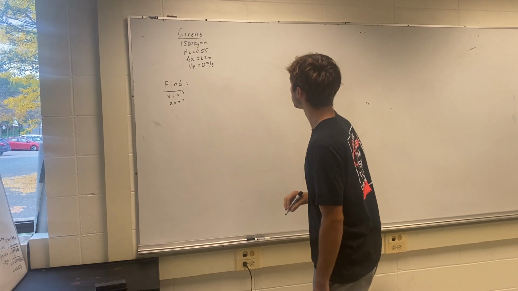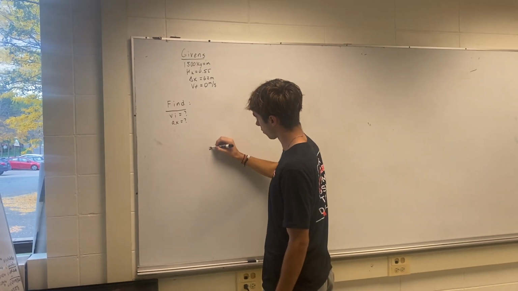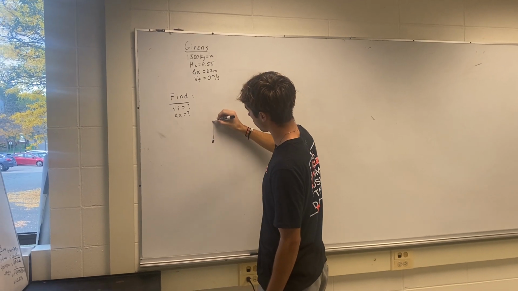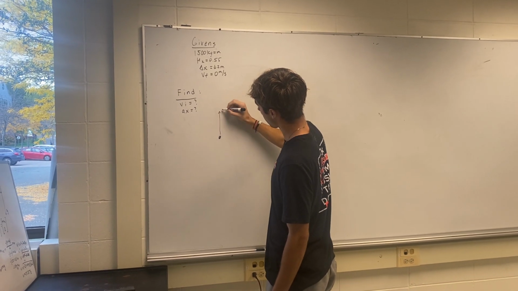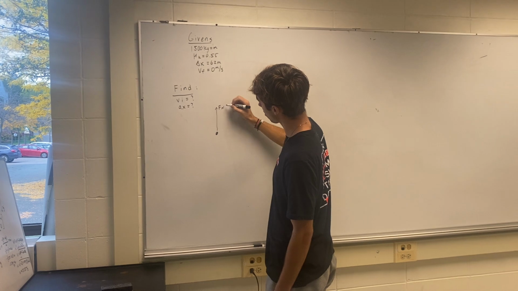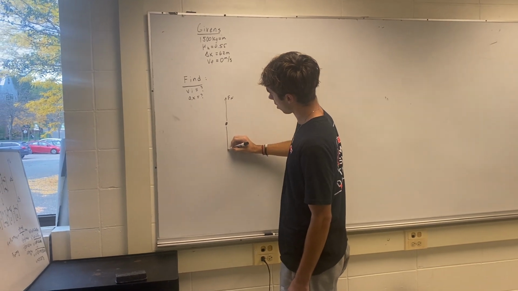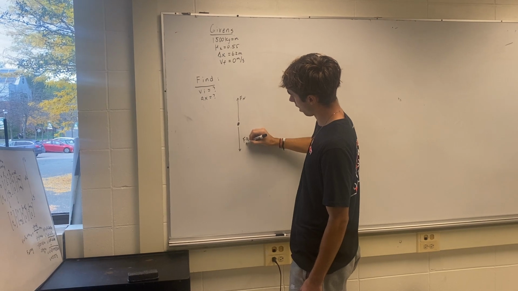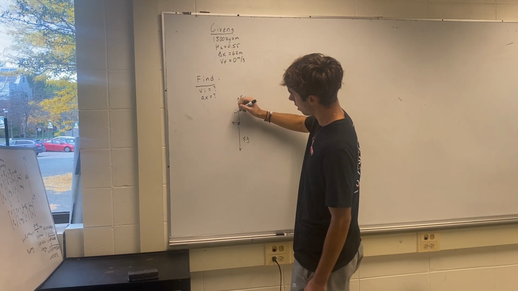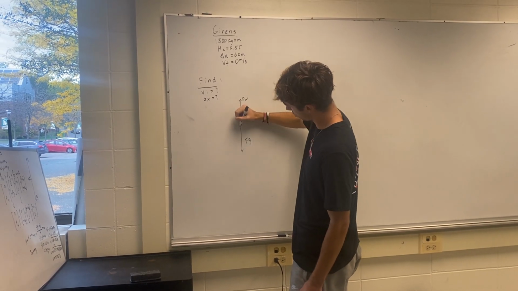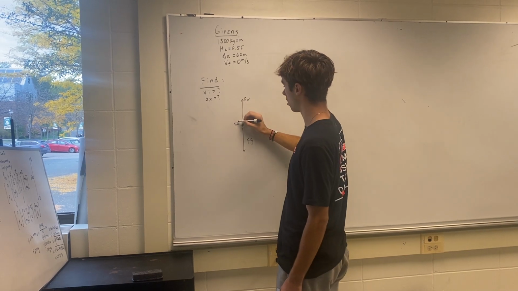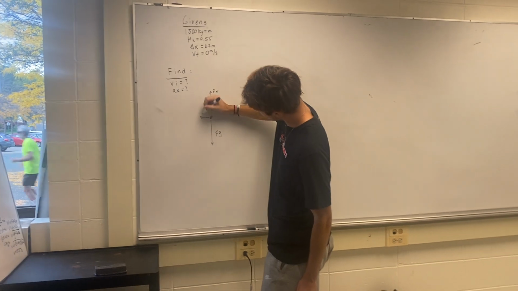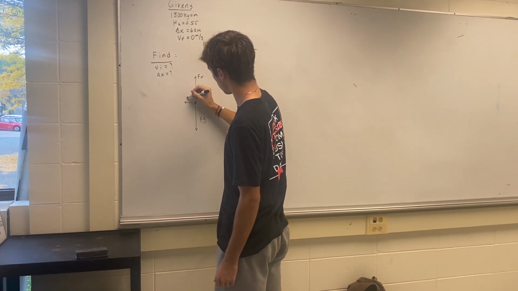So we can start off by writing the free body diagram here. We have a force going up, that is force normal. A force going down, that's force of gravity, and a small force in the negative x direction, which is our force of friction.